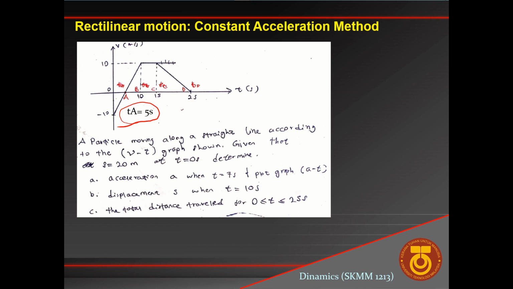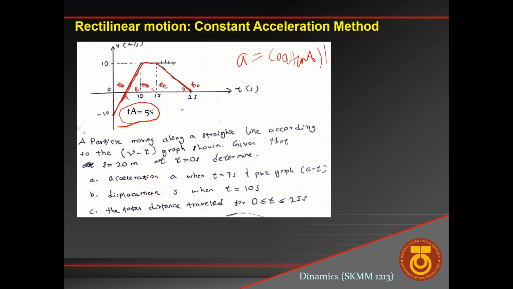The first thing to do is to check whether a is constant or not. From here we have discussed that from segment O to B we have one acceleration, B to C another acceleration, and C to D another acceleration.